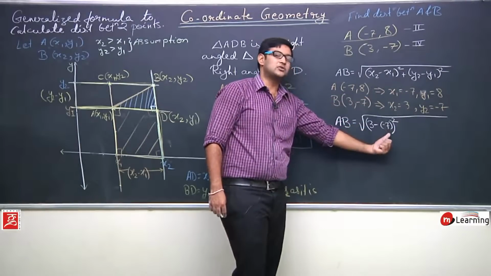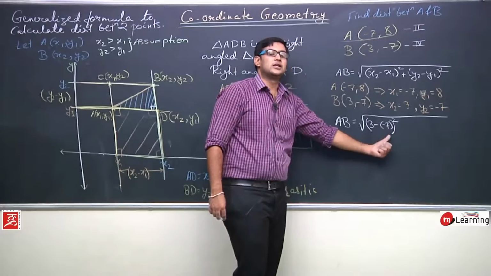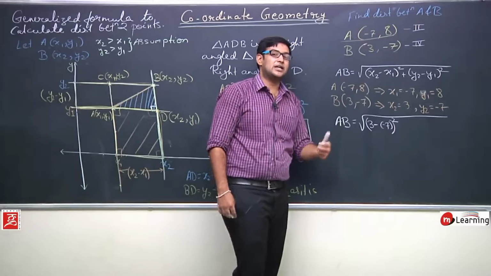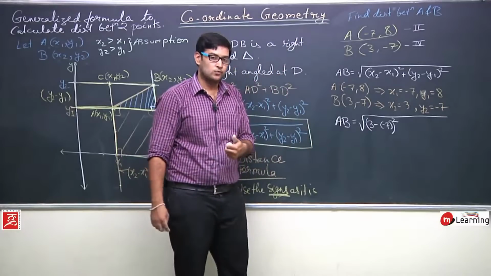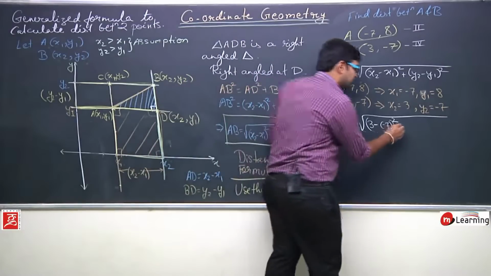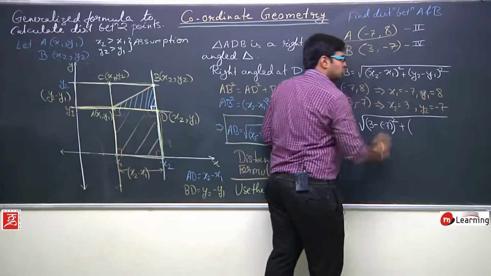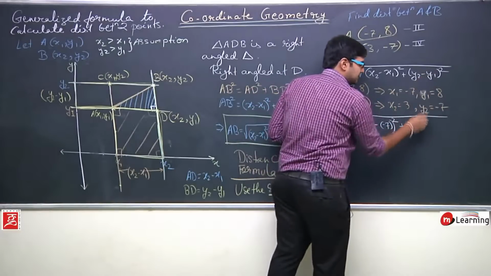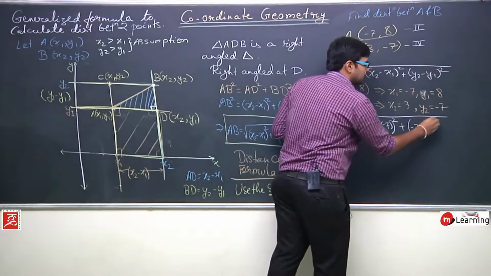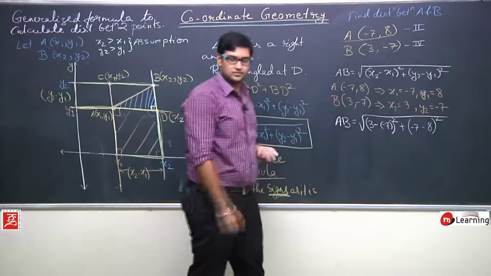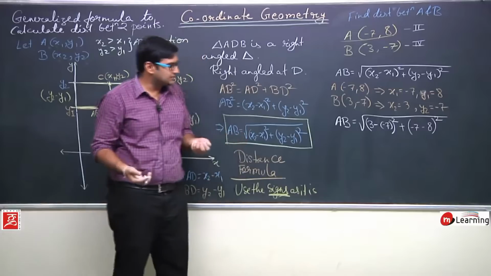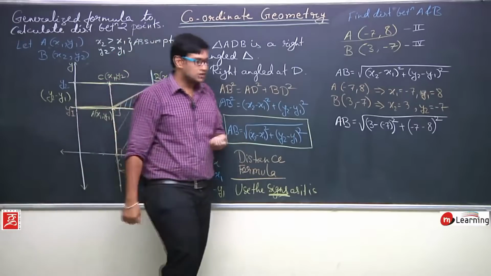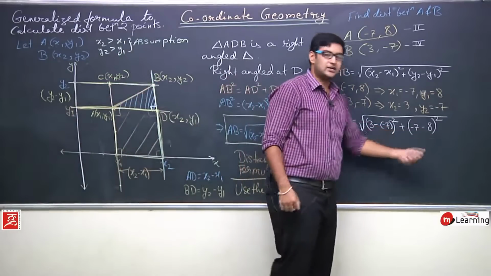So I substitute it as -7 only. I am not writing 7 here, I am writing -7 here. Okay, now then plus y2. What is y2? y2 is -7 and y1 is 8, and the square of this. As it is, I have substituted this 8.